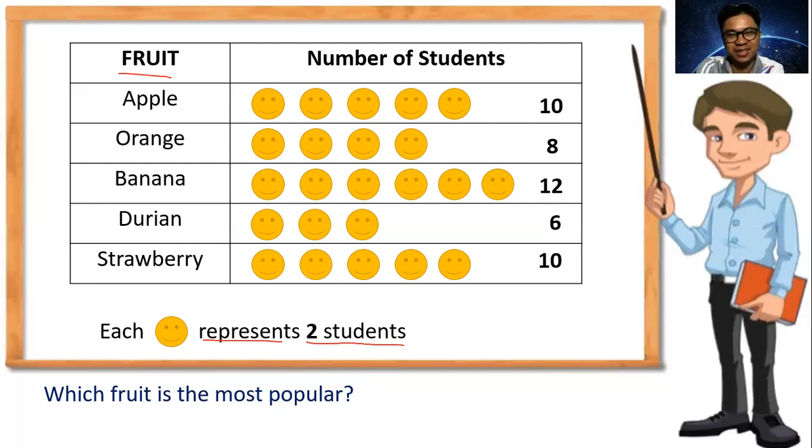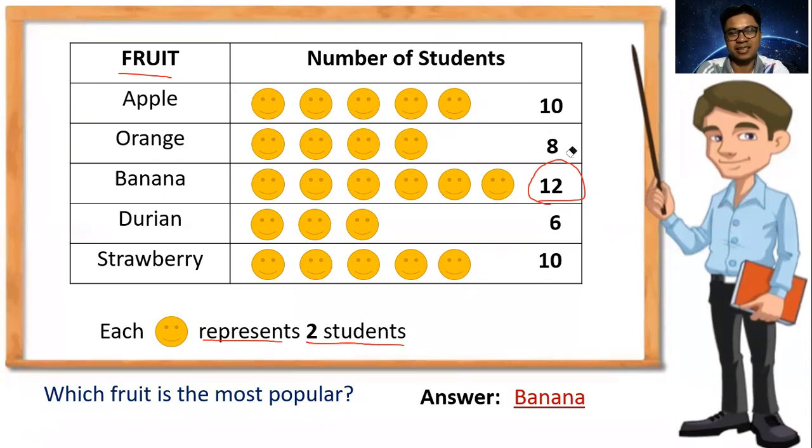Which fruit do many students like to eat? Yes, that's correct. It's banana, because banana has 12 students. So the most popular fruit is banana.